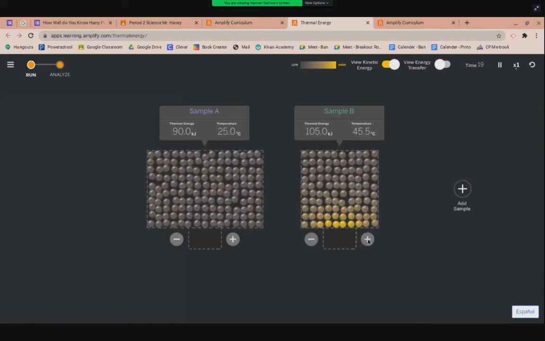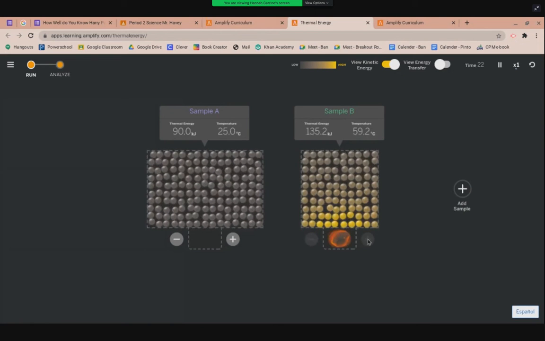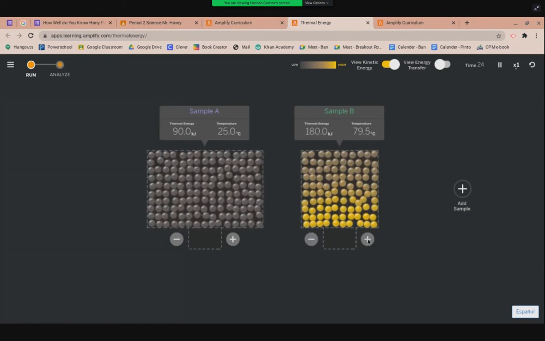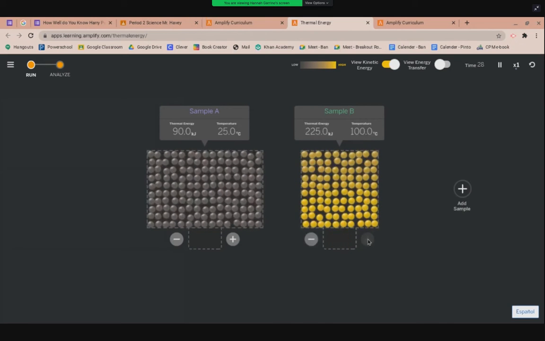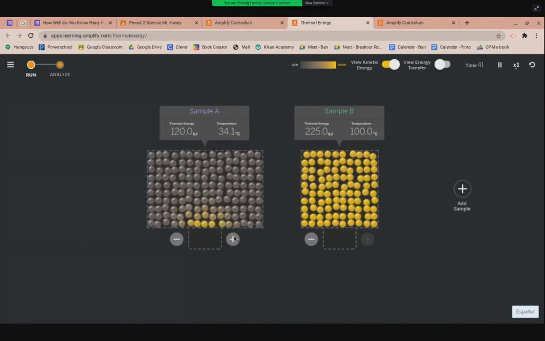Okay. Like I put it at max, the temperature. Okay. Sample B. So she's at max. And then for sample A, I put sample A at like temperature 80, or like around 80 degrees Celsius, right?